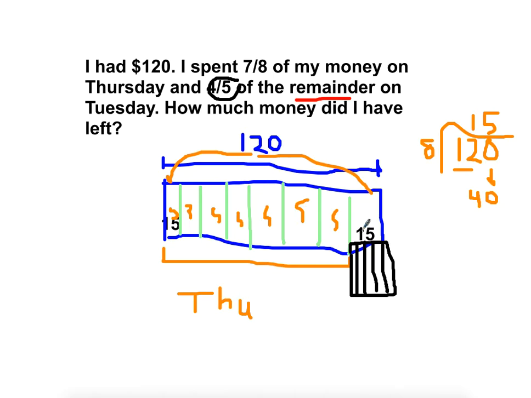Each part is 3, because I'm taking 15 and dividing it into 5 parts. I spent 4/5 of it. So I have $3 left. And that's the final answer here, $3.